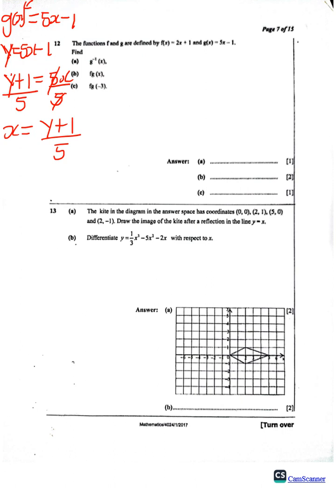Now where there is x here, we need to substitute with this one. So therefore our final answer is g inverse of x is equal to, where there is y, we replace with x, x plus 1 over 5. So this is our inverse of this function.